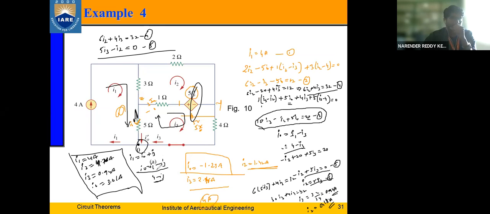Isn't it? If I have two currents at one node, the third current will be the difference of the other two, right? Depending on the direction of current. Is that okay? Yes, sir.